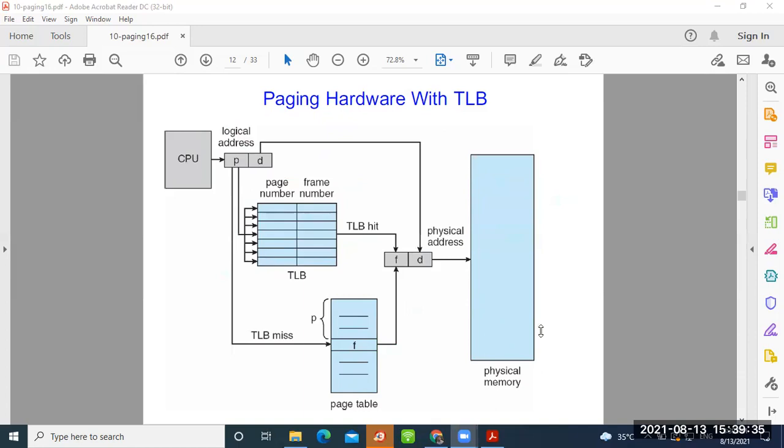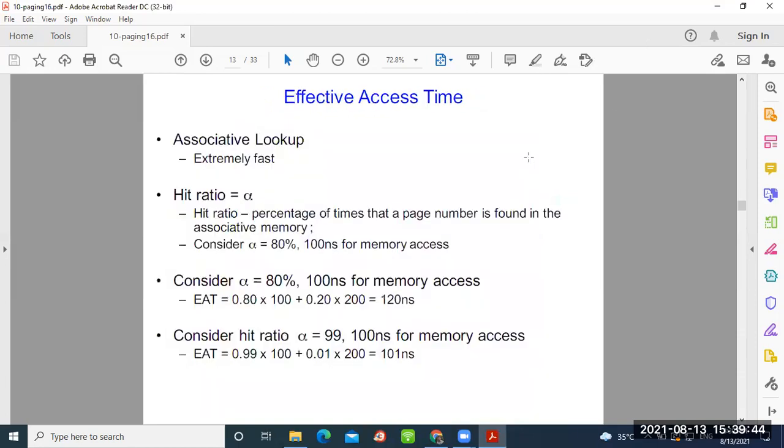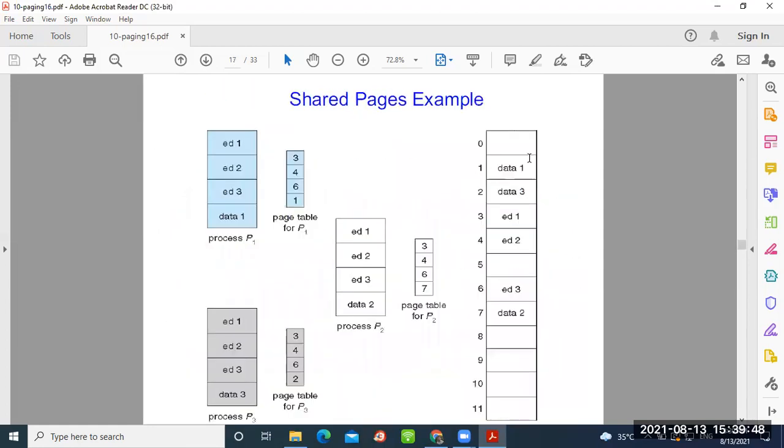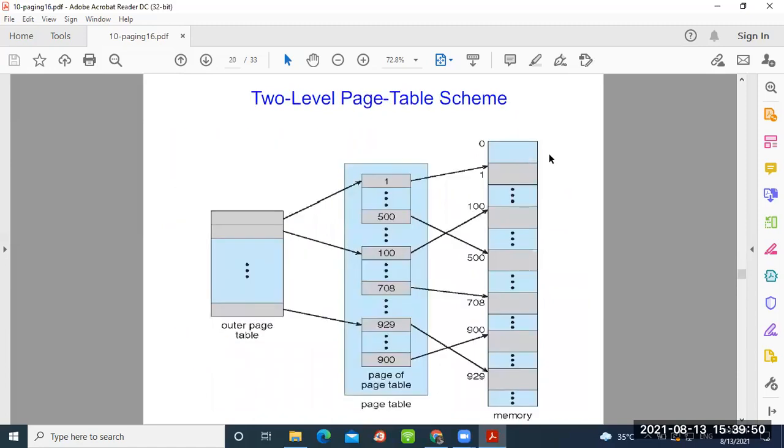This is just for revision. Today we will discuss two-level paging. How do we perform two-level or multi-level paging? In case of two-level paging, sometimes we do it for effective access, or improving the effective access time.